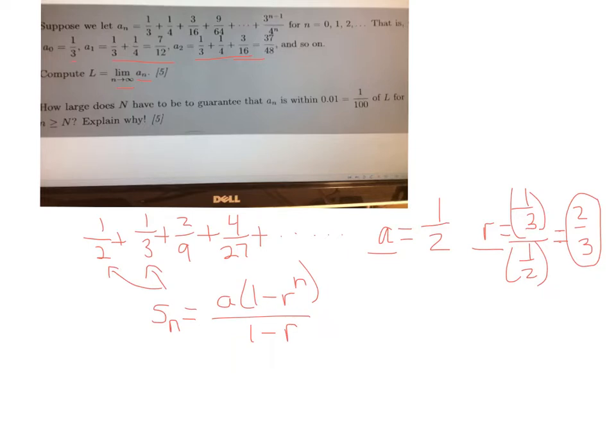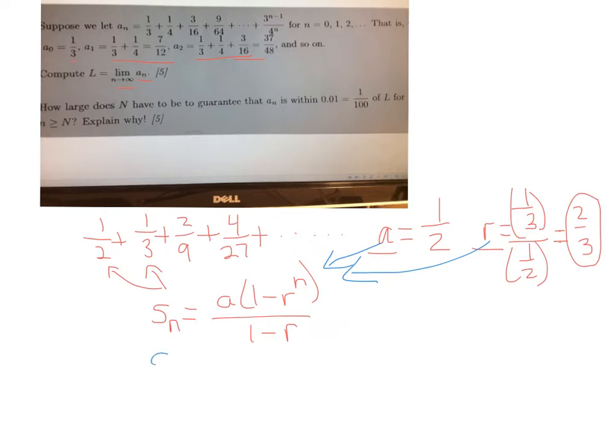The values a and r are the ones that we put in this formula to find the sum of our terms. When we do that, we'll come up with a value which we can then use, substituting n equal to infinity, to determine what the sum of our series will be as we approach infinity.